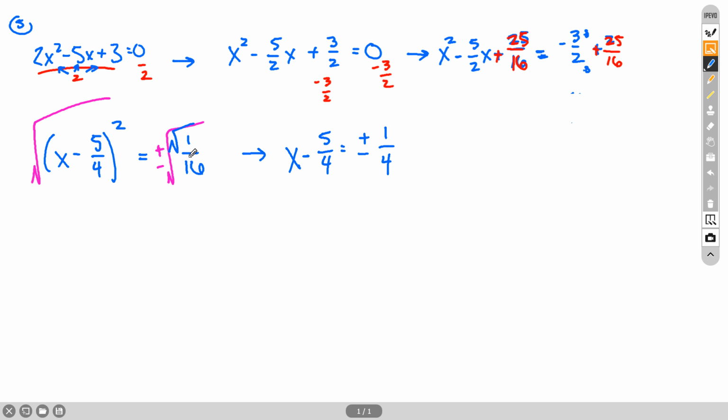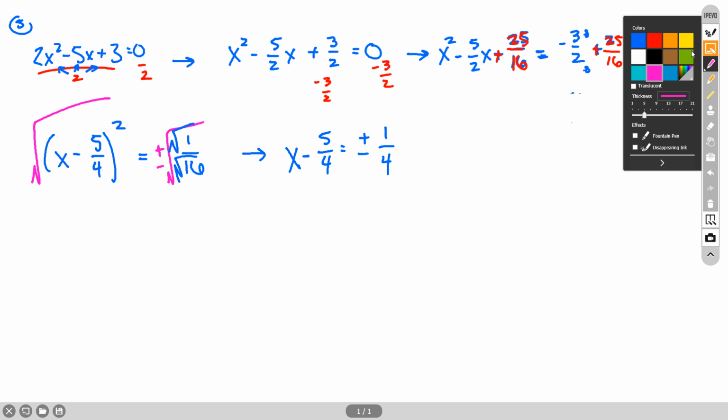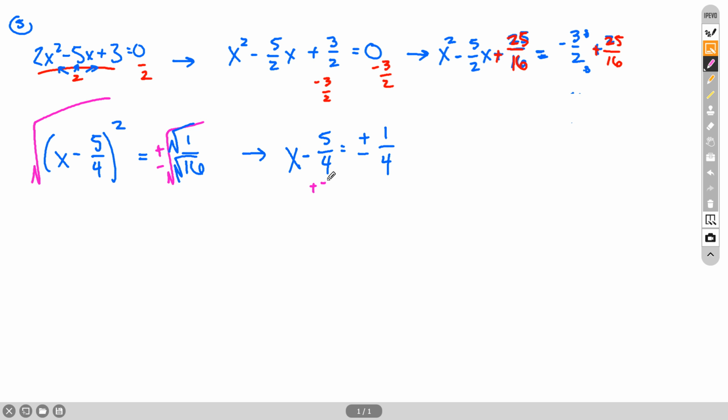You can just split the square root symbol to the numerator and the denominator. We're almost there. We're going to add 5 over 4 to both sides. So our solution, we're going to have 2 of them. X is equal to 5 over 4 plus or minus 1 over 4.